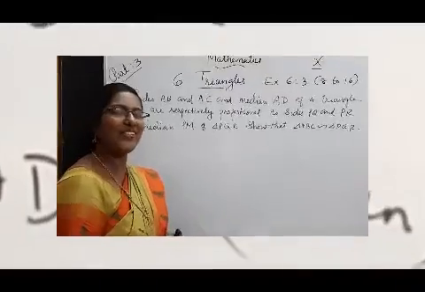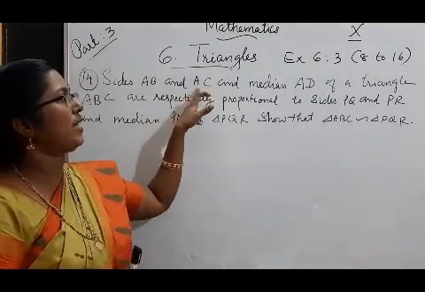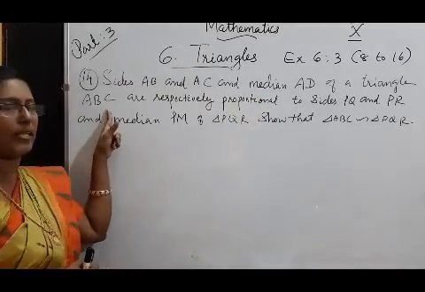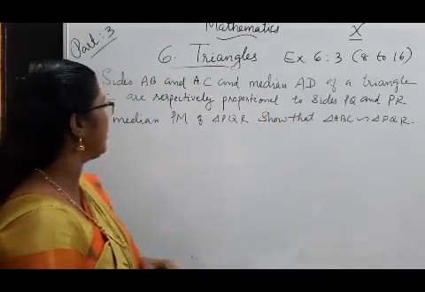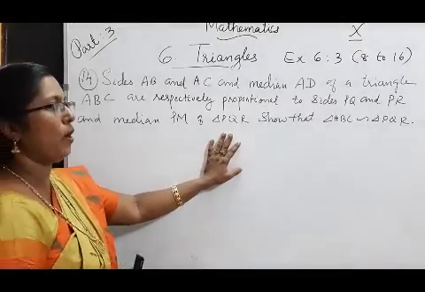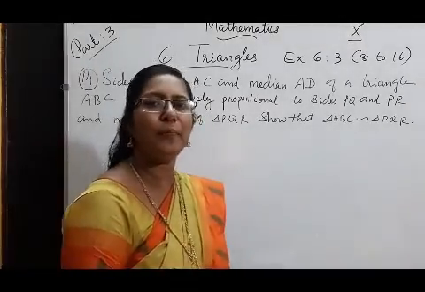Okay. The next question, number 14. Sides AB and AC and median AD of a triangle ABC are respectively proportional to sides PQ and PR and median PM of triangle PQR. Show that triangle ABC is similar to triangle PQR.